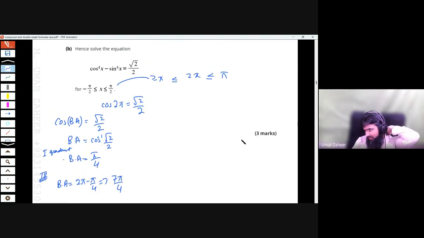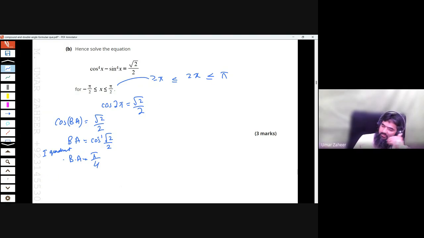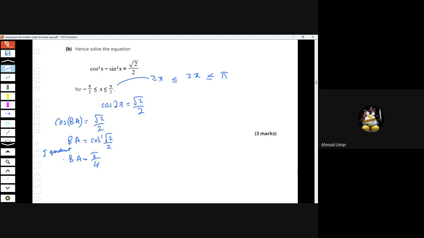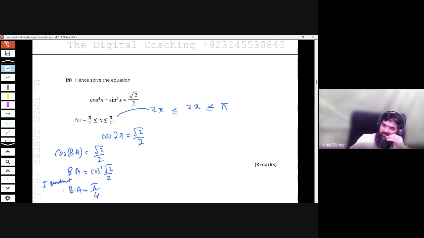Okay, it is greater than pi, so we don't need to find the answer in the fourth quadrant. Okay, we don't need it, right? It will instead be minus pi over 4.